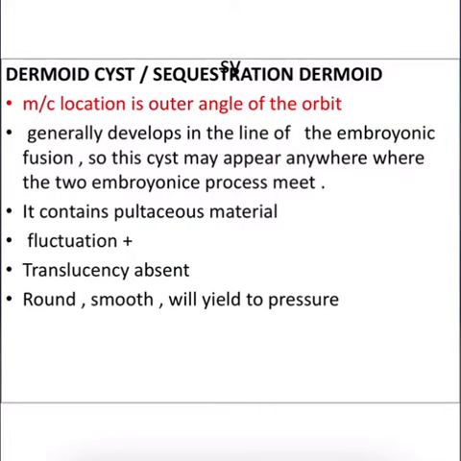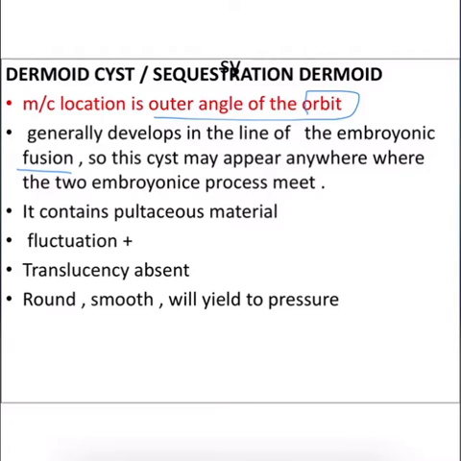Cyst. Dermoid cyst or sequestration dermoid. The most common location is the outer angle of the orbit. It develops in the line of the embryonic fusions. So the cyst may appear anywhere where two embryonic processes meet.